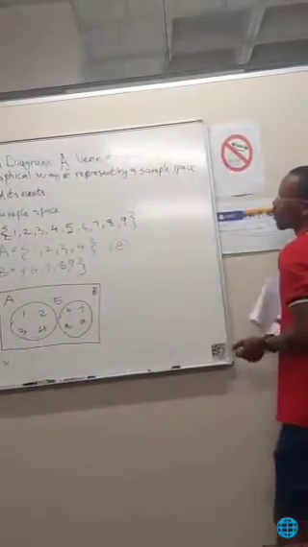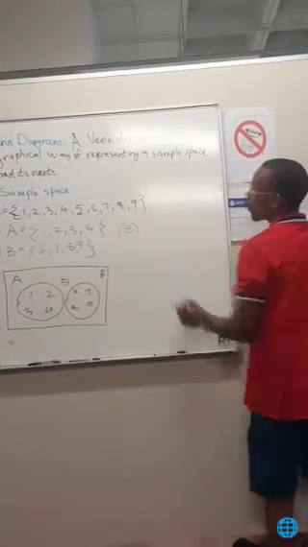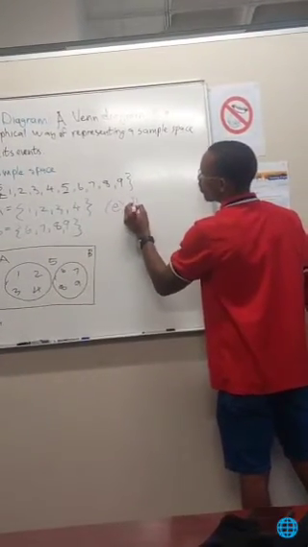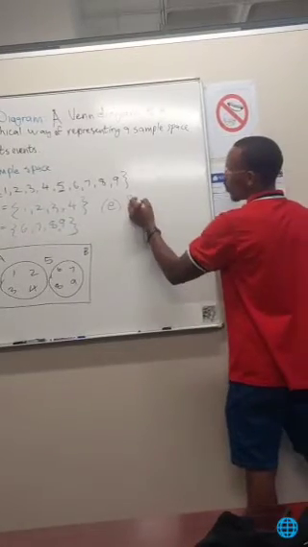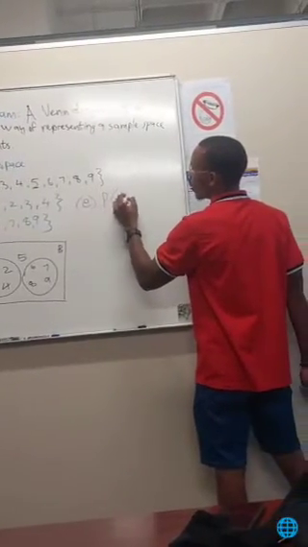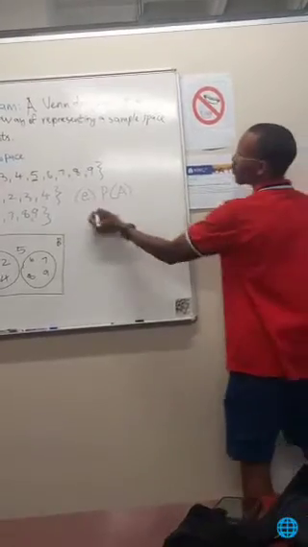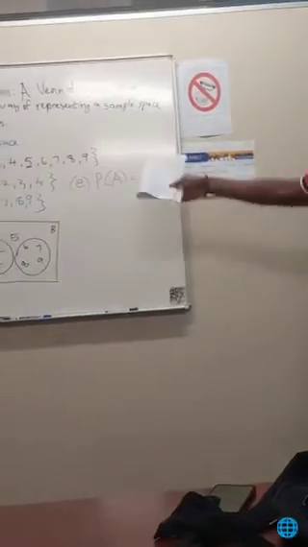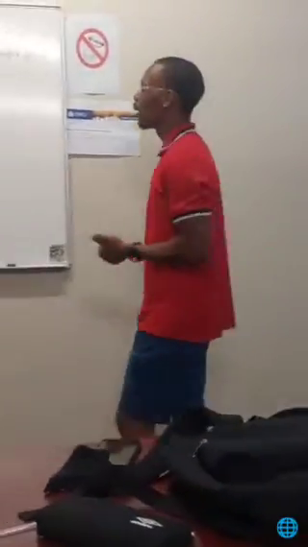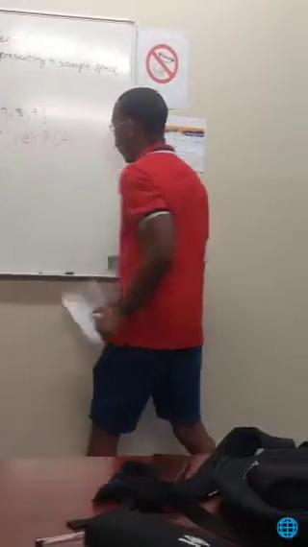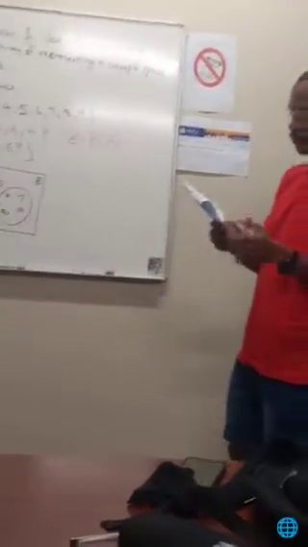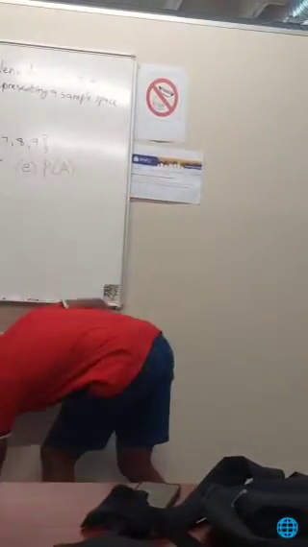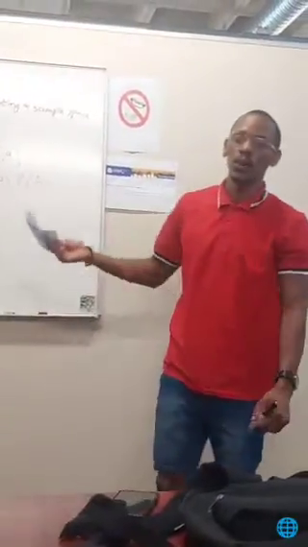Now we have to calculate the probability. So how do we represent the probability? We say the probability P open bracket of event A close bracket, the probability of event A happening, equals. So now let's go back to our event. Wait, before I continue, I want to show you a way of calculating probability.